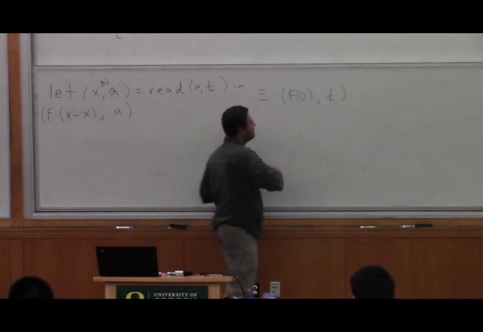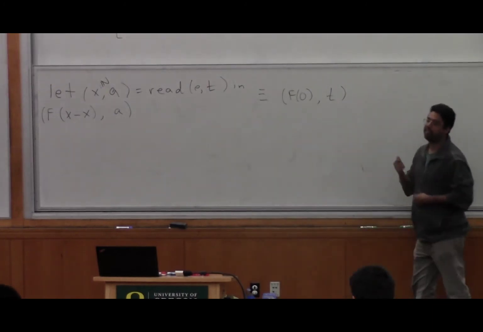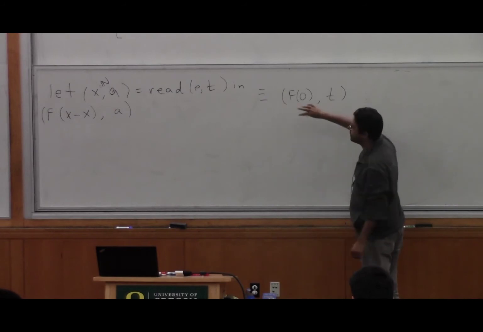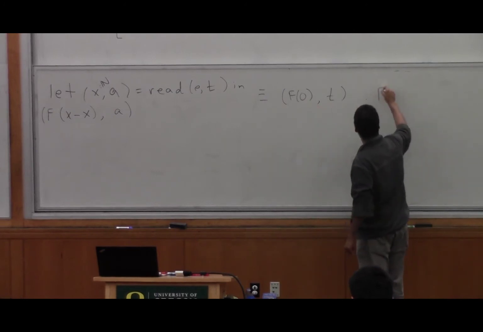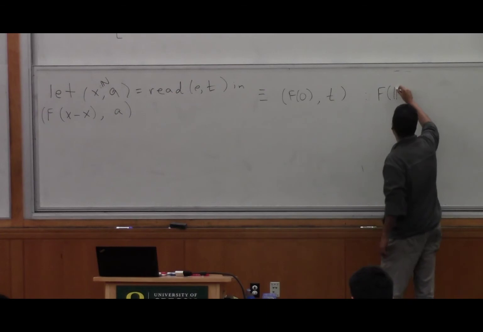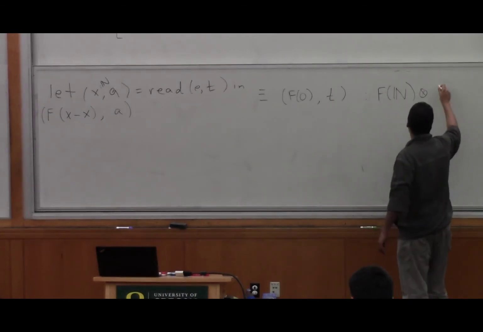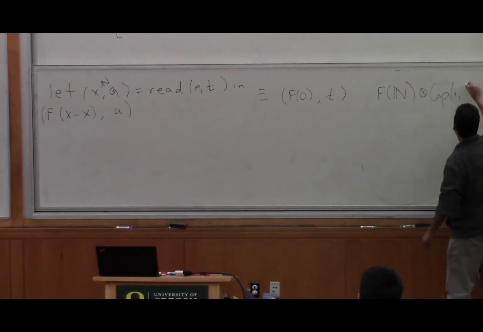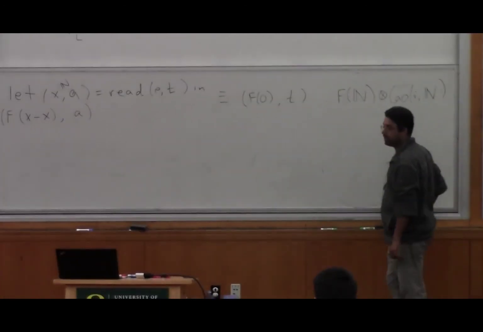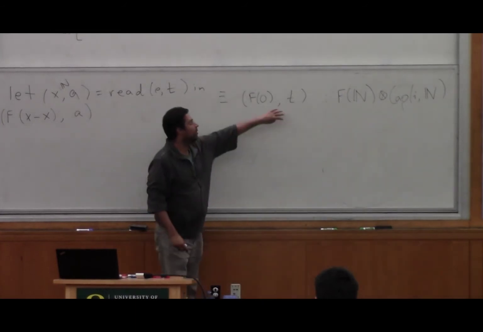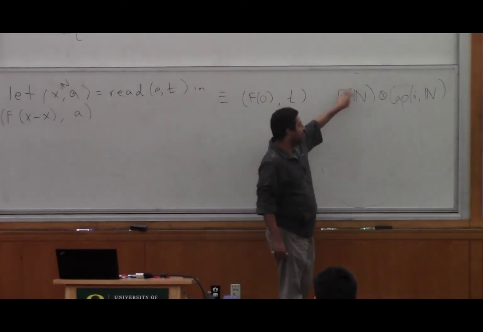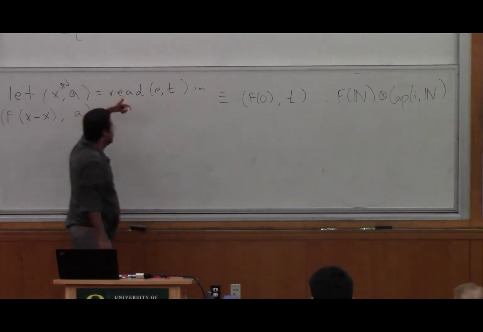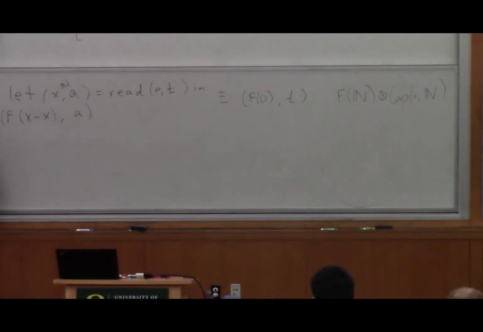So this whole equation only makes sense if we only consider our typed programs. What we really want to do is say this equation holds at the type F of nat tensor, whatever our capability type is, capability I nat. So if we're considering pairs of numbers and capabilities, then these two programs at this type are equal.